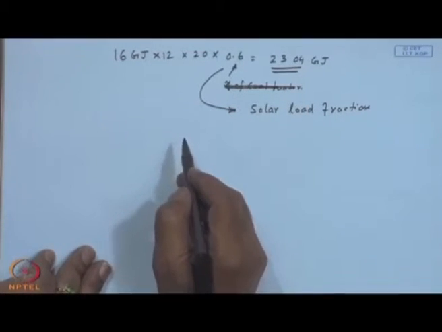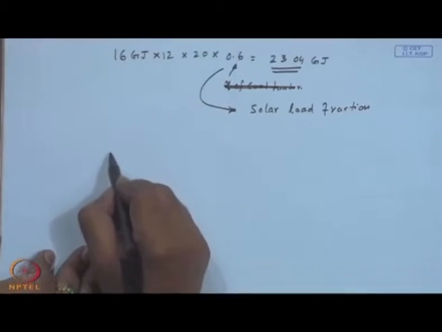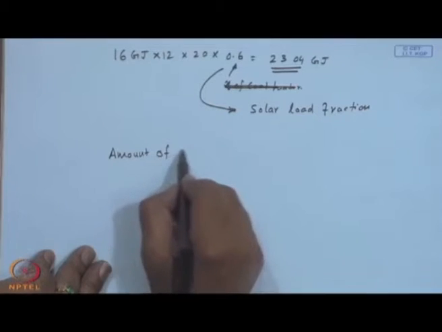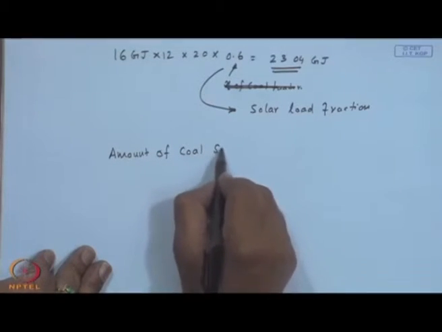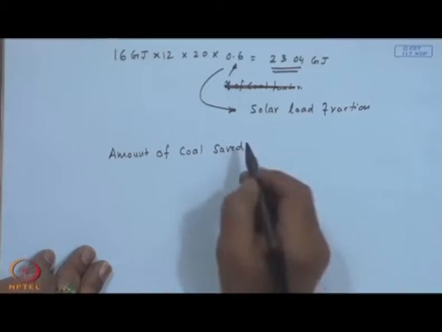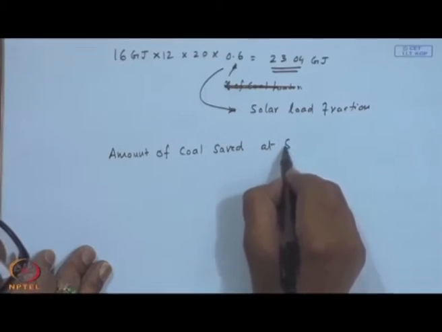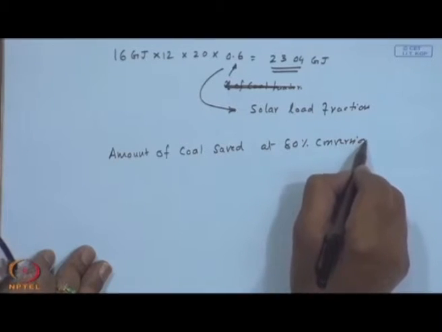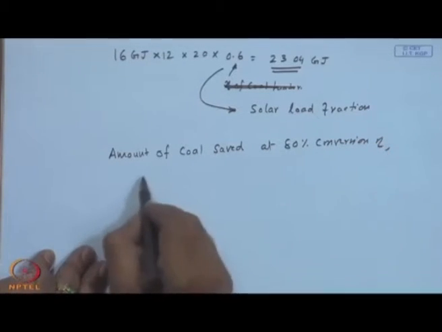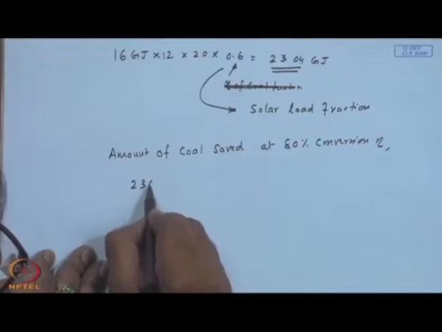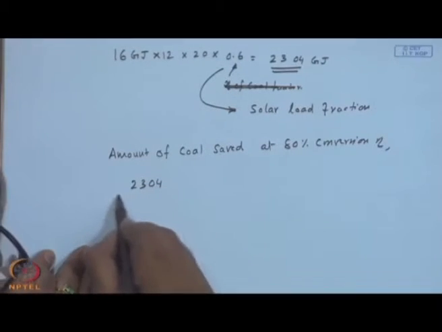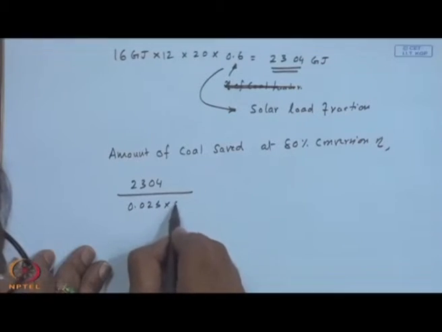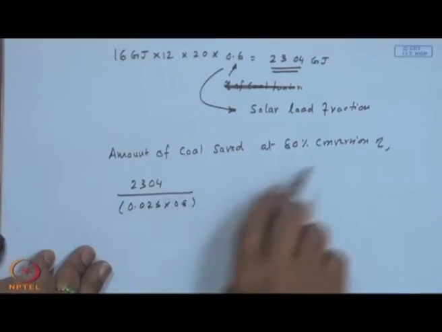Now, the amount of coal saved at 80% conversion efficiency is 2304 gigajoules divided by the calorific value times 0.8, in gigajoules. We can just check.